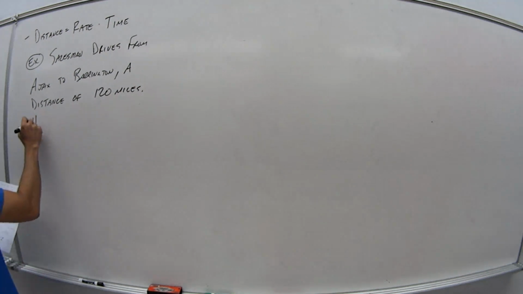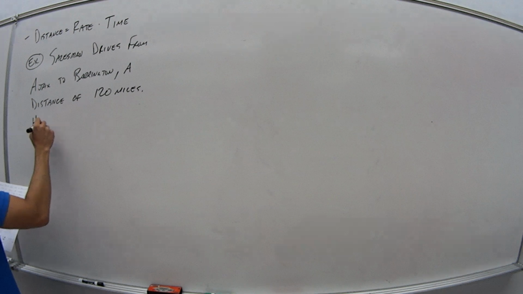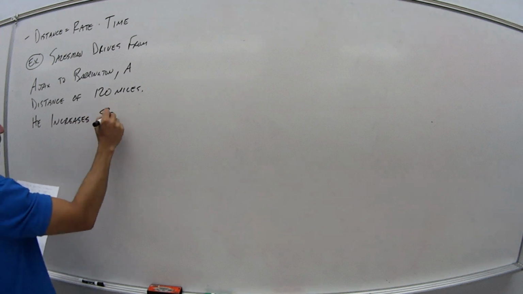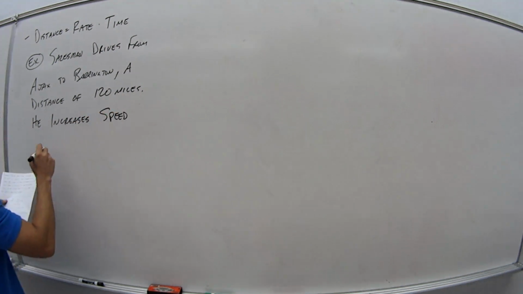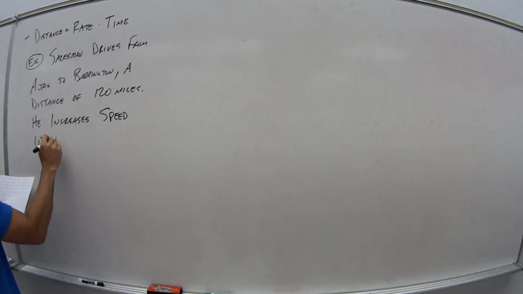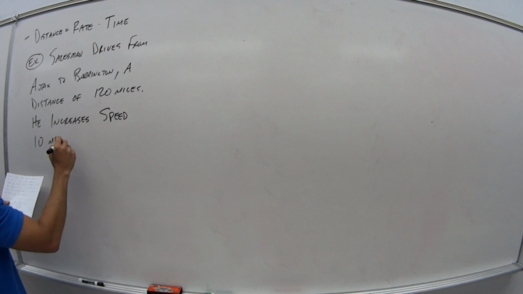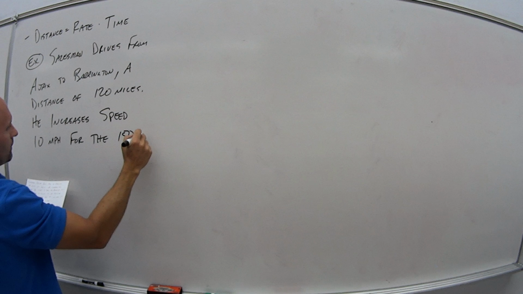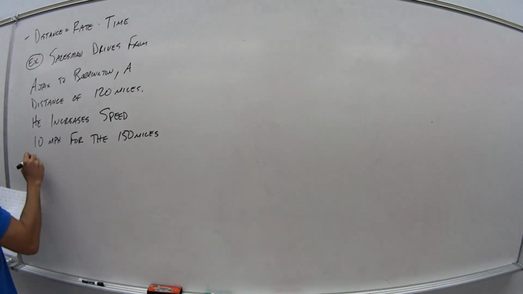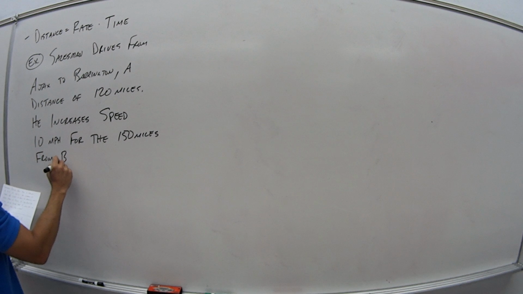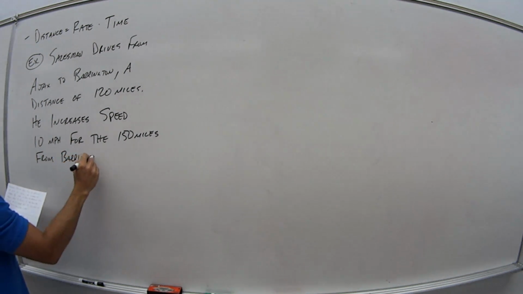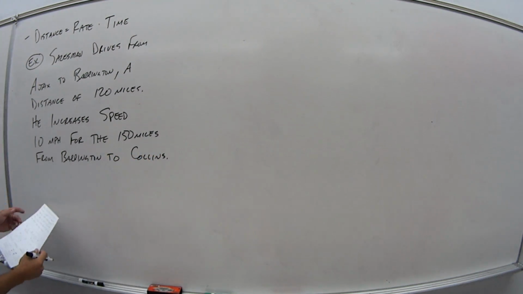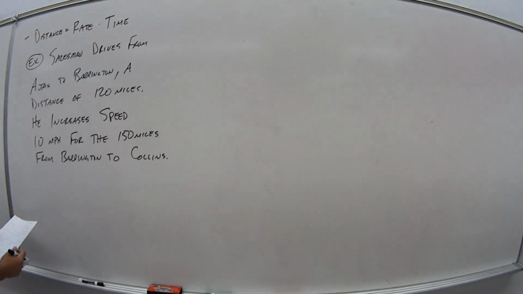He increases his speed, so it didn't tell us how fast he was going, but it now tells us that he increases his speed 10 miles an hour for the 150 miles from Barrington to Collins. You see, they make it nice, A, B, C, so that's what we'll do here in a minute.